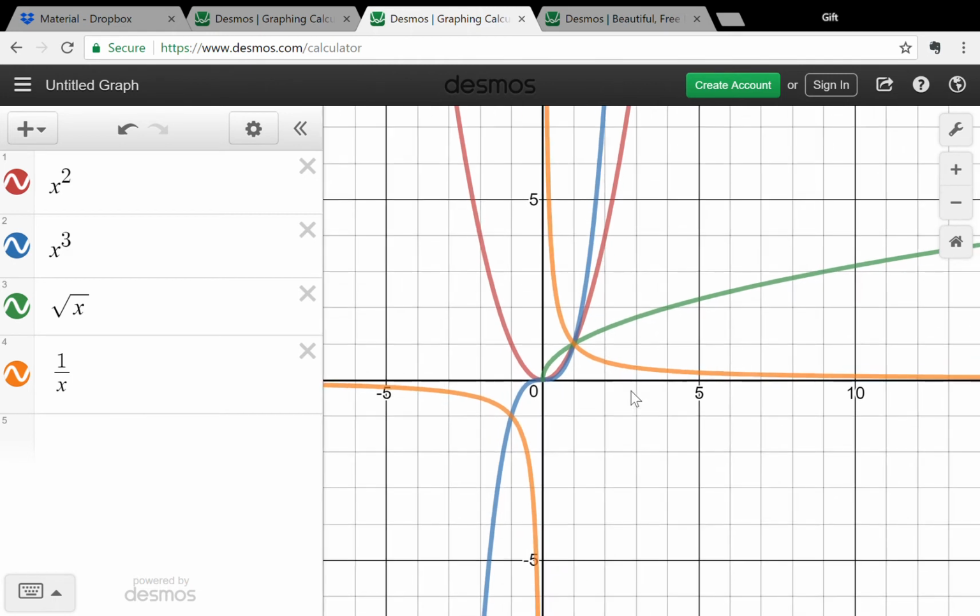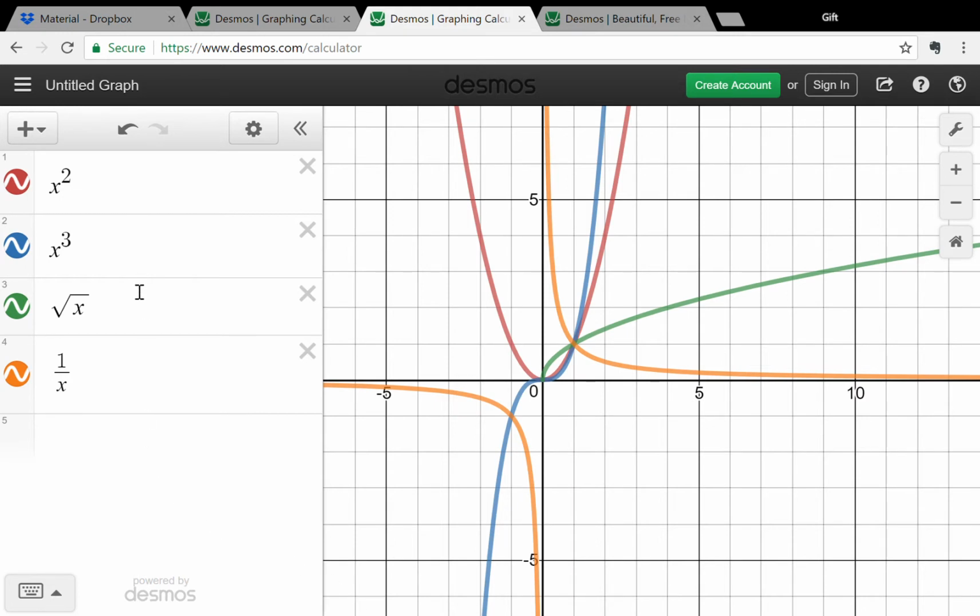You can see when my x increases, my y decreases, and when my x equals 1, my y equals 1. When my x remains positive but decreases, my y increases, and it will keep going up all the way. The opposite happens when my x is negative. I would expect you to memorize or to know the graphs for these basic functions.